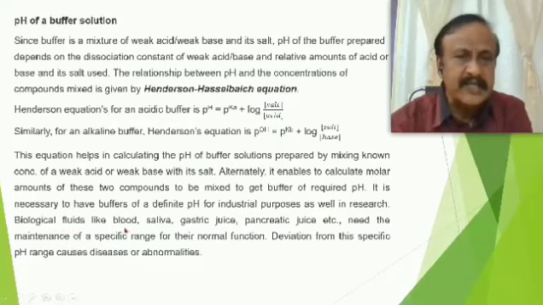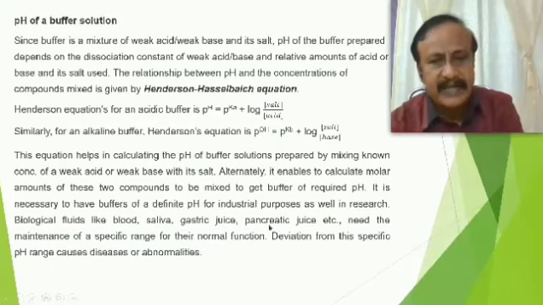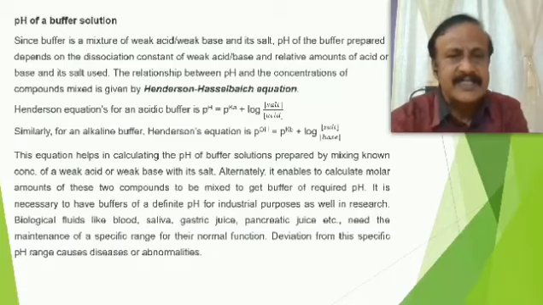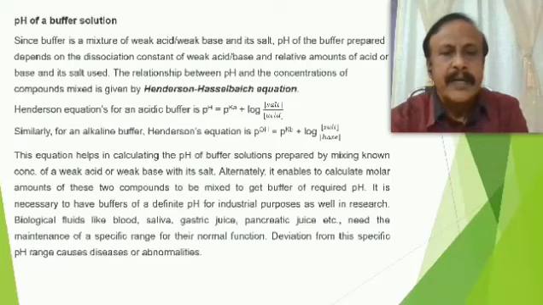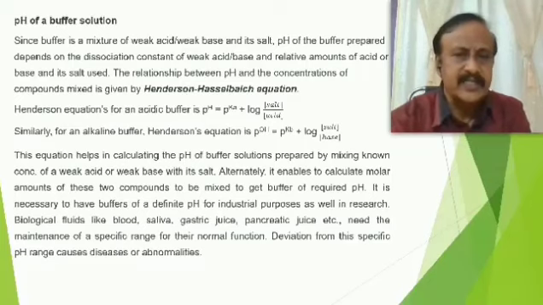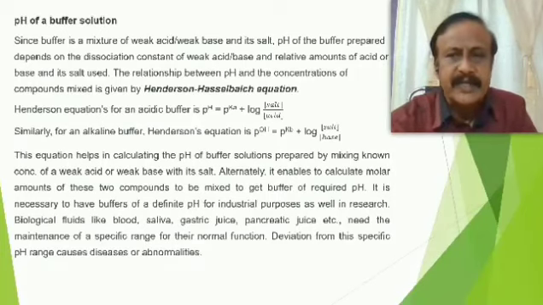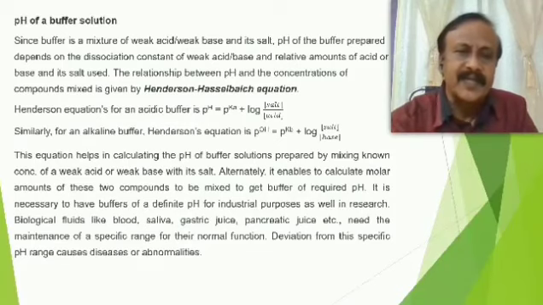Biological fluids like blood, saliva, gastric juice, pancreatic juice, etc. need the maintenance of a specific range of pH for their normal function. Deviation from this specific pH range causes diseases or abnormalities. Therefore, even in biological systems, industries or research, buffers play an important role to get the desired production yield as well as the normal health of living organisms.